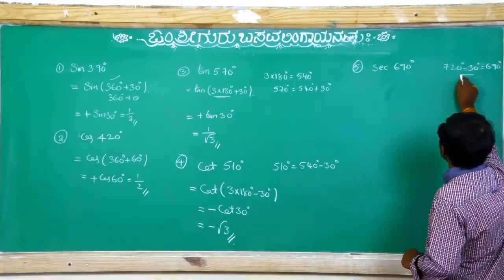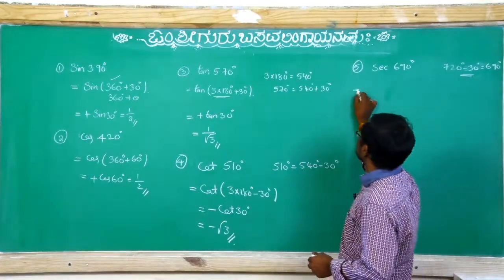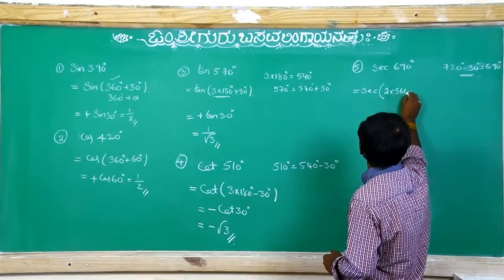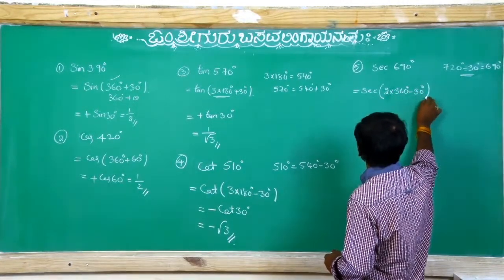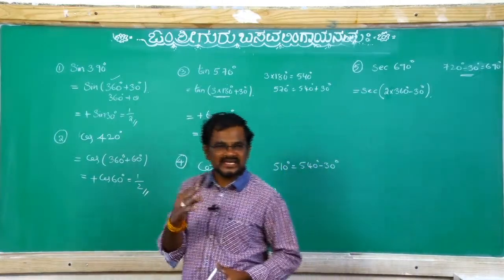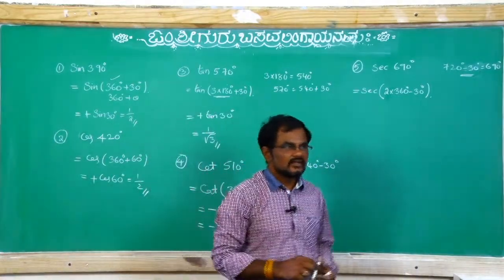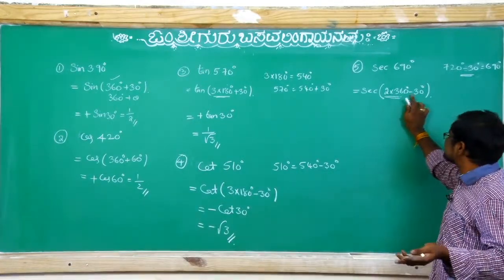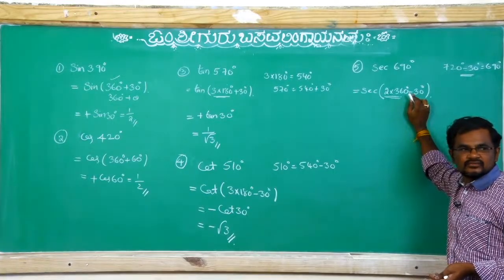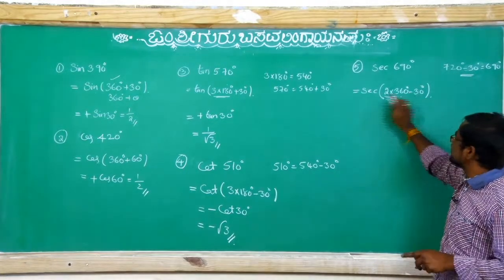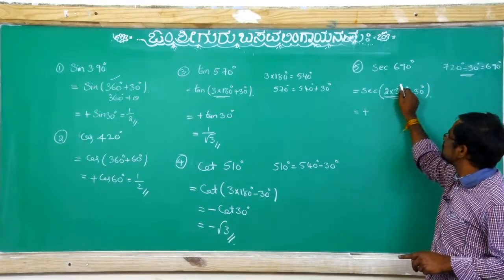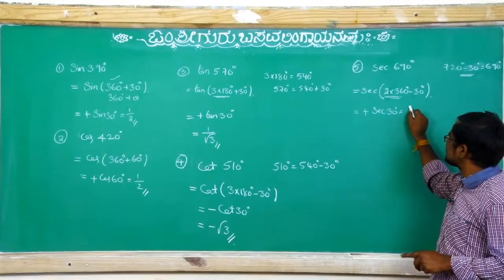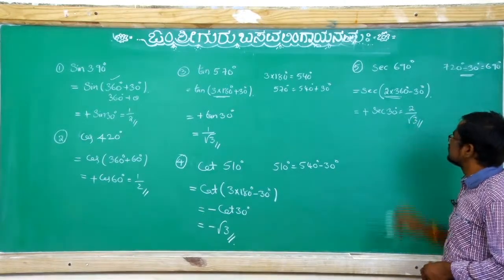So 690 can be written as secant of 2 into 360, 720 minus 30. Multiple of 360 considering as 360 only. 360 minus is there. Which quadrant? Fourth quadrant. Fourth quadrant secant positive or negative? Positive. At 360 secant does not change. So secant 30 value, 2 by root 3.